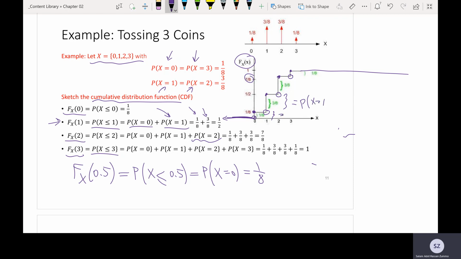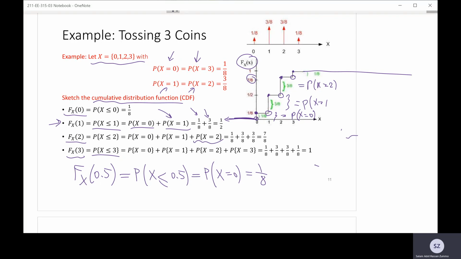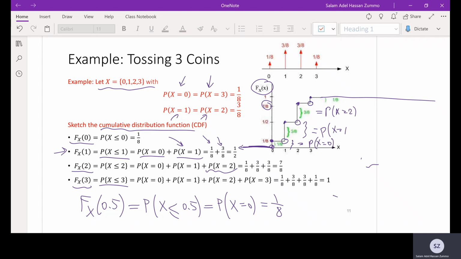This was the probability of x equals 0, and so on. This is equal to the probability of x equals 2. So the amount of the jump is equal to the probability of the number at which you jump. Next time, inshallah, we will go into more details and describe the density function. So don't forget the quiz next time, inshallah.